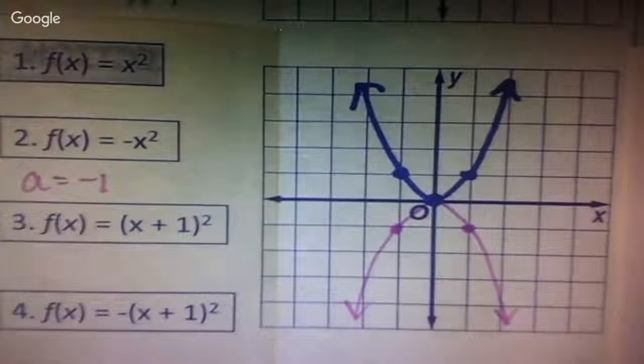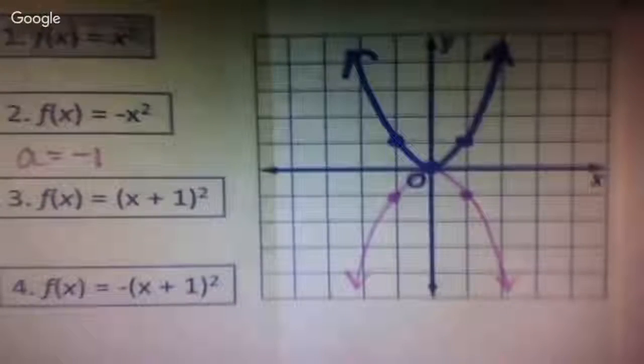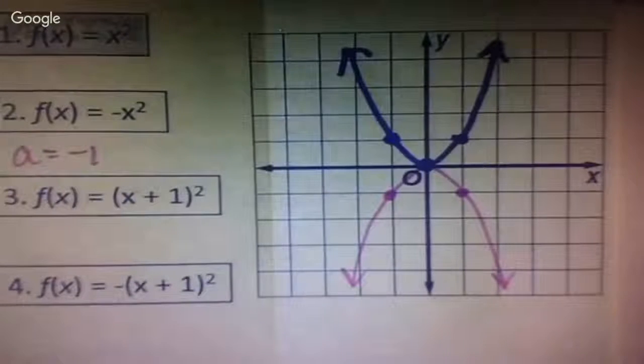Okay, so take a look at number 3. Do we have a happy quadratic or a sad quadratic? Is my A value negative or positive here? Positive. You know it's positive because there's not a negative in front of the parentheses.